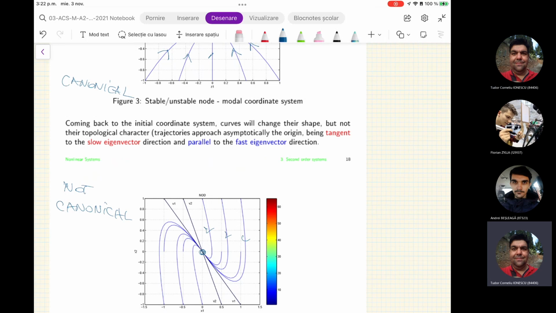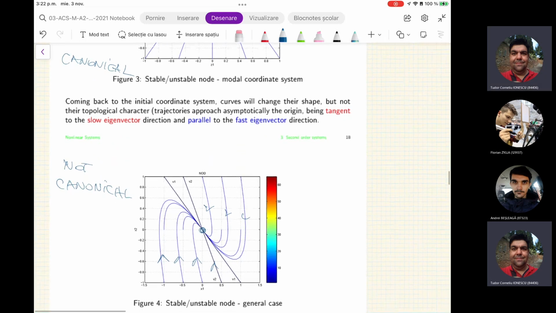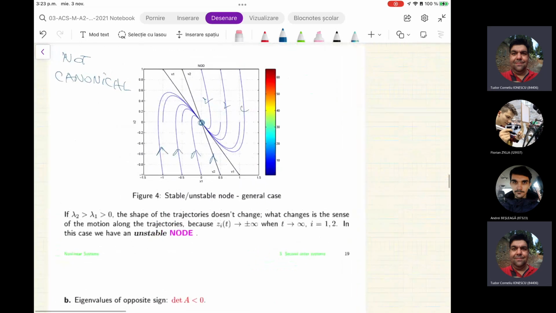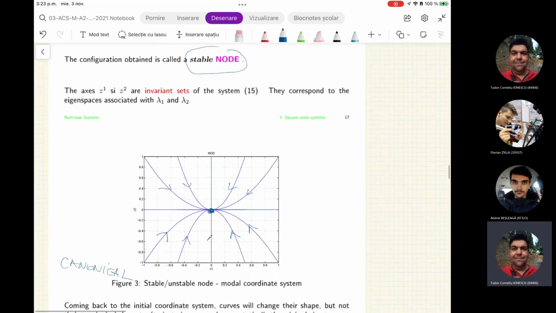This is the direction. So coming back to the initial coordinate system, the curves are going to change their shape, of course, but not the topological character. So they look the same. They are still a node. The trajectories approach the origin asymptotically, tangent to the slow vector, and parallel to the fast direction.